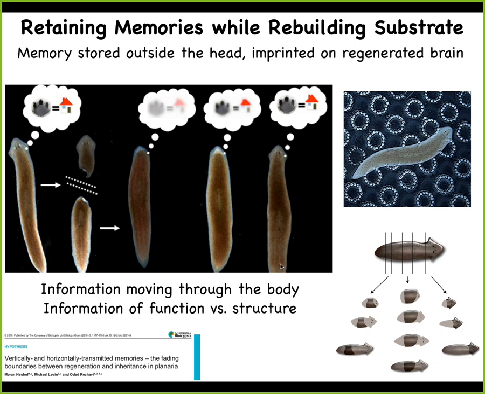So the movement of information throughout the body, and a tight integration of morphological information. In other words, how do we create this new head with behavioral information? What was the content of the mind that this primitive animal had?